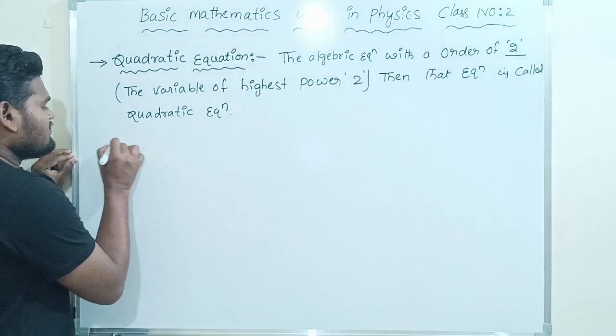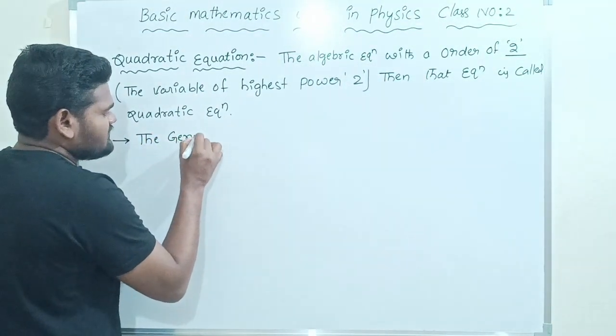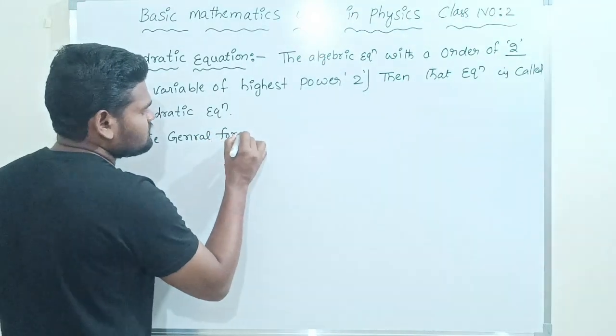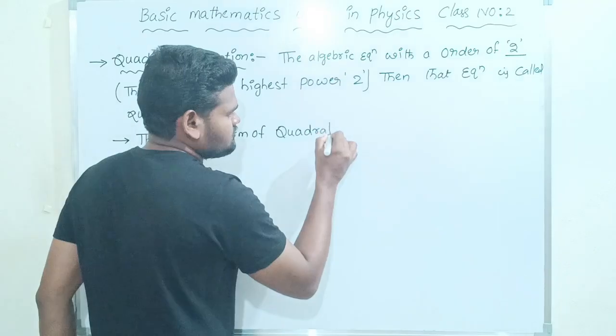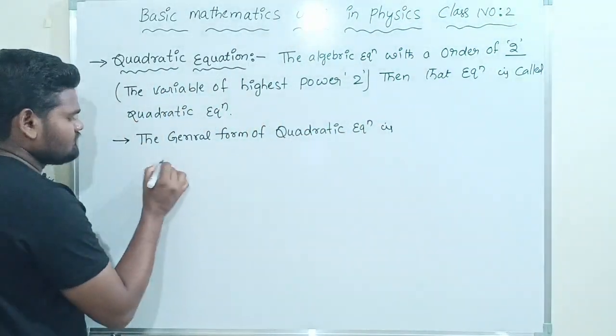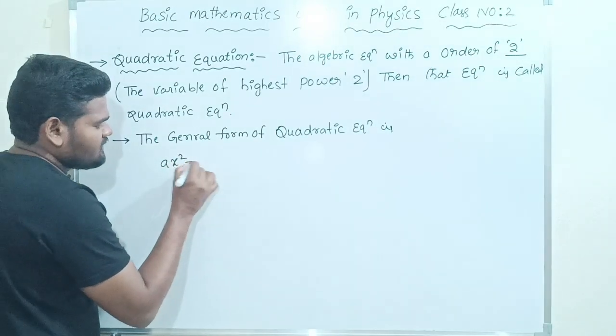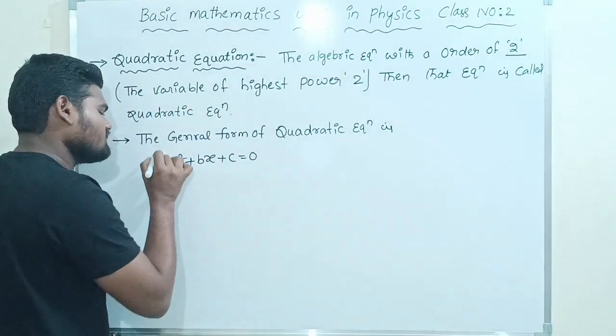Now we can see the general form of the quadratic equation. The general form of a quadratic equation is ax square plus bx plus c is equal to 0.